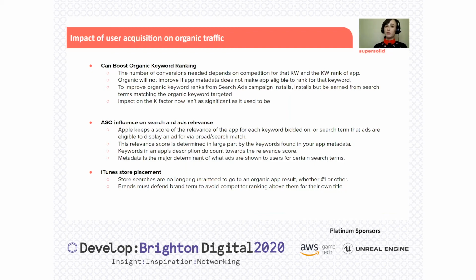The keywords in your app description do count towards the relevance score. So the metadata is a major determinant of what ads are shown to users at certain times. It is important to keep your app metadata up to date to also get better ad flow.